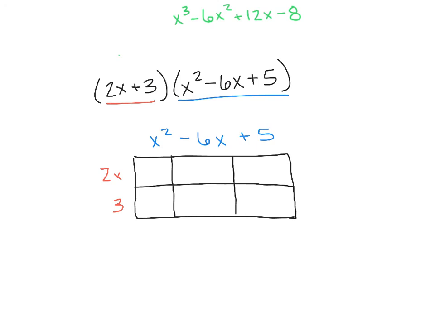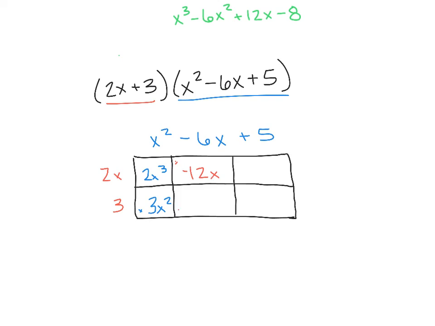And this is going to look pretty much just like a multiplication table. So you have 2x times x squared, which gives you 2x cubed. For this box here, you're going to take 3 times x squared, so you get 3x squared. For this box, you're going to do 2x times negative 6x, so negative 12x squared.